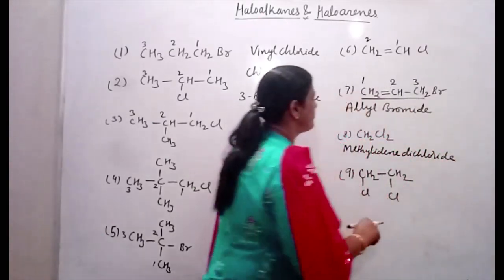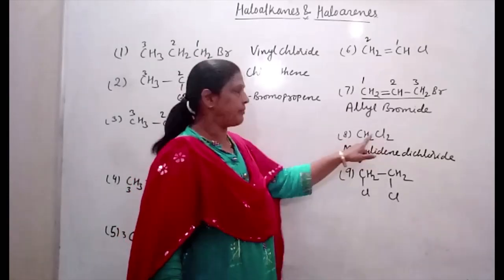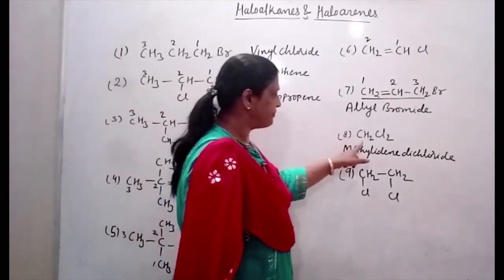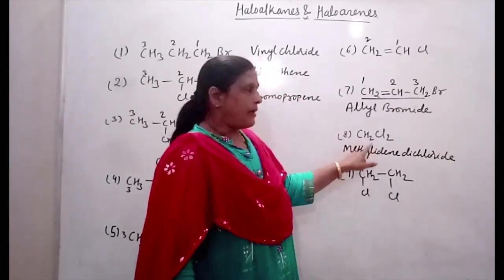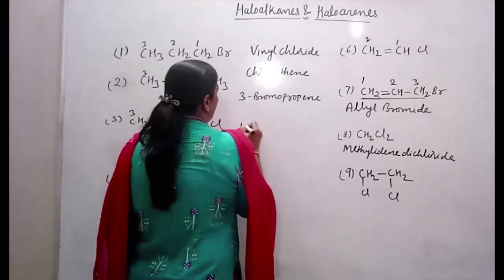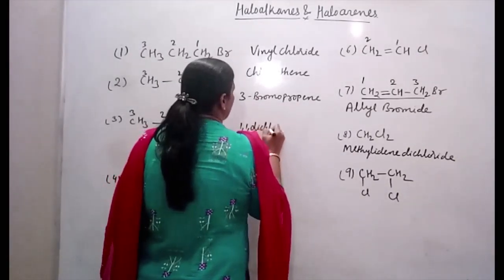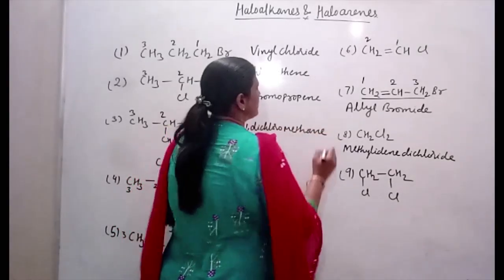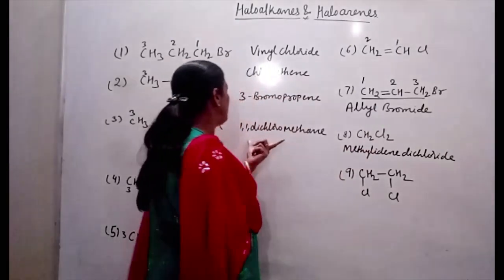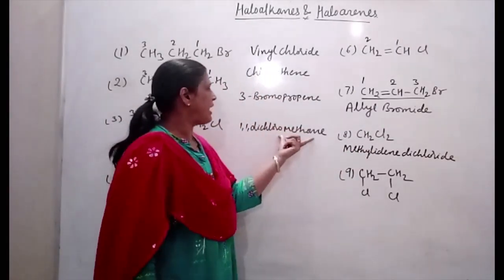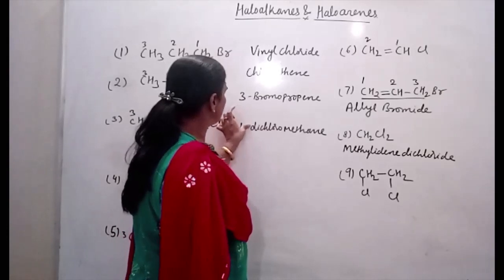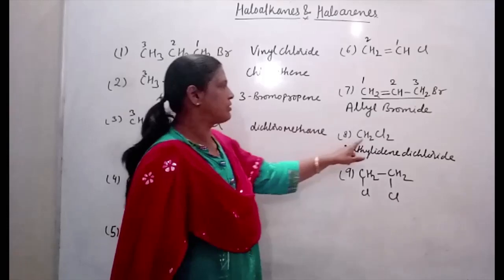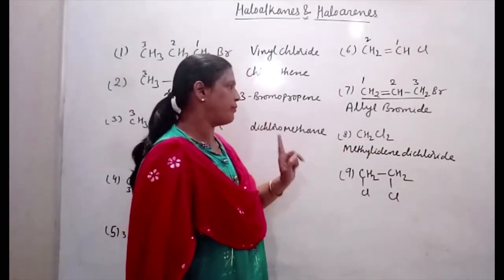It is a geminal dihalide because both chlorine atoms are directly attached to one carbon atom, and its IUPAC name is dichloromethane, because it is a methane derivative. It is not necessary to write 1,1 position because both halogen atoms are attached at the same carbon.